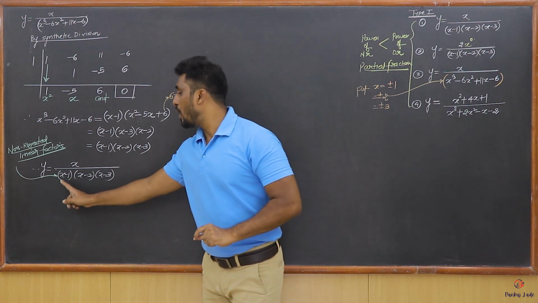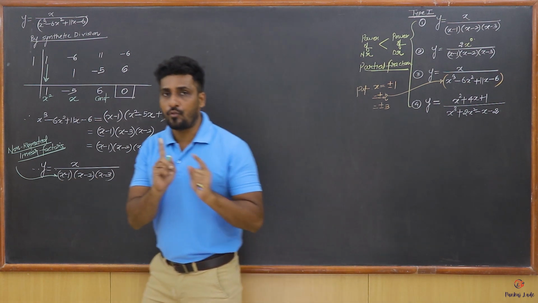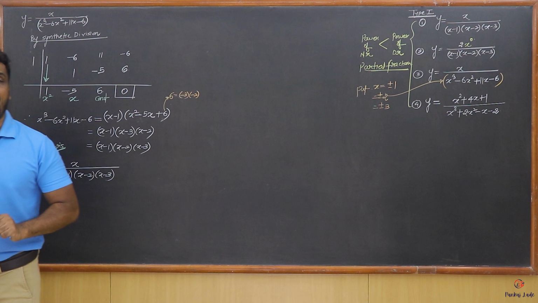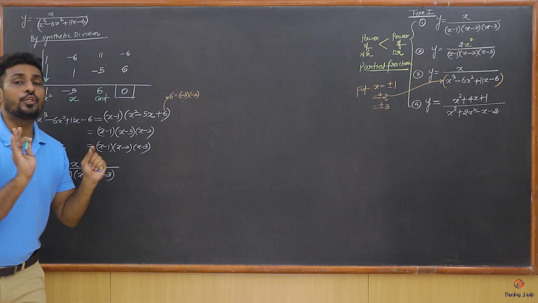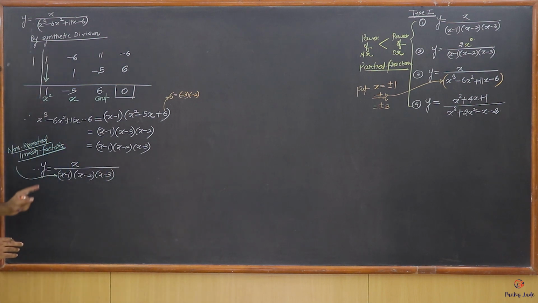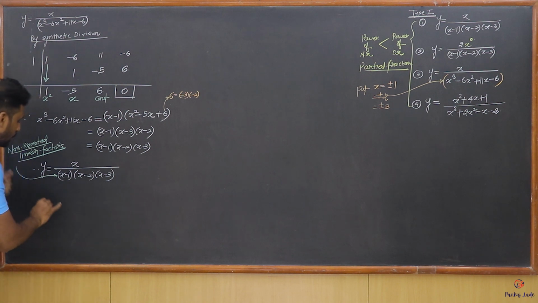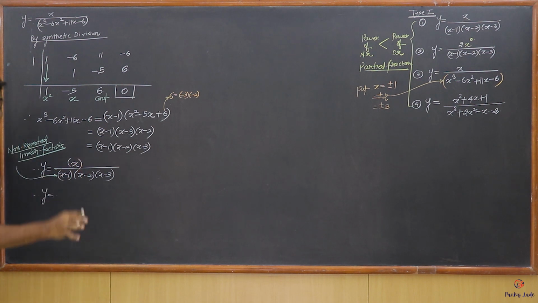So how many factors you have? 1, 2 and 3. They are all linear factors. There are three factors. Simply bring three constants. So I can write this y as, forget the numerator. Whatever it is present in the numerator, it does not matter.